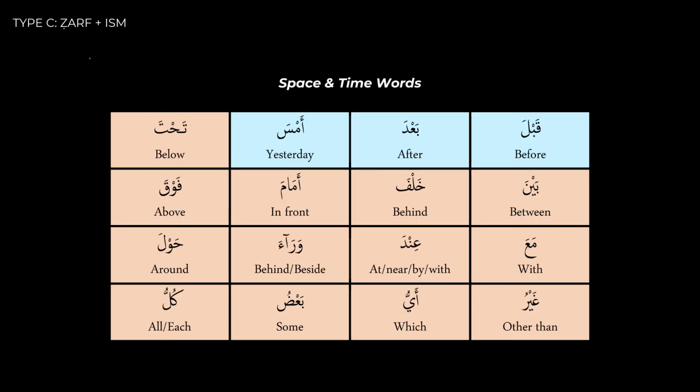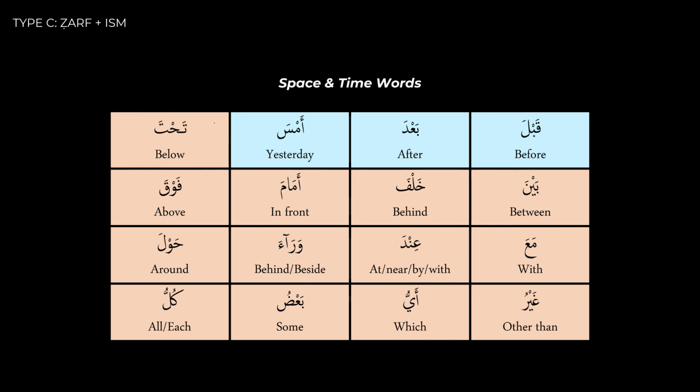So let's deal with the third and final type, which is a dharf plus an ism. So once again, the dharf is a space and time word. So it's a word dealing with either space or time, and these are 16 of them. There are more of them, but they're just words such as qabla, which is before, ba'da, which is after, amsa, which is yesterday. These are all dealing with time.